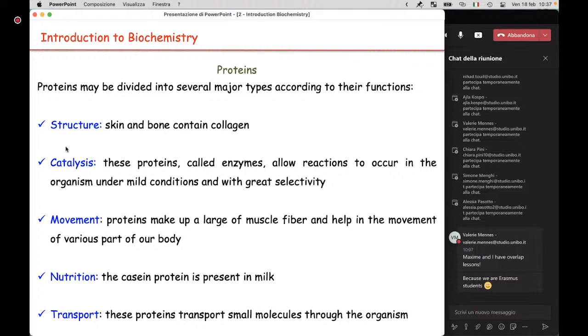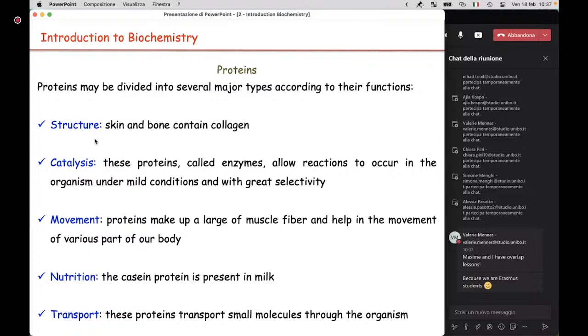Another very important function is catalytic function. In every cell we have a lot of different proteins. They have a specific name. They're called enzymes, but they are still proteins that have the specific function to catalyze reaction within the cell.